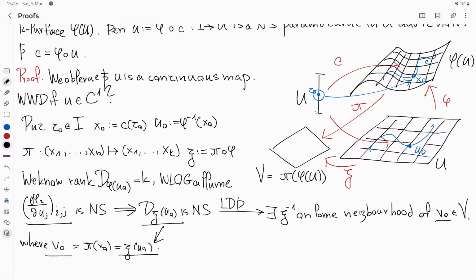Right, so here's the connection. Okay, it's all nice and well, but, oh, I didn't finish the sentence, on which G is a diffeomorphism.